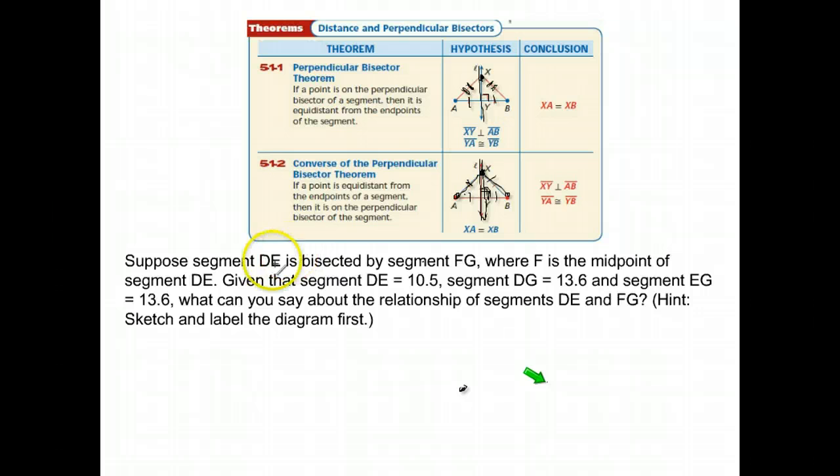They said, suppose segment DE, so let me draw a segment from D to E. Suppose that segment is bisected by segment FG, where F is the midpoint of DE. So F needs to be the midpoint, the point right in the center of DE. Okay, so here's my F, and it should go up to a point G.